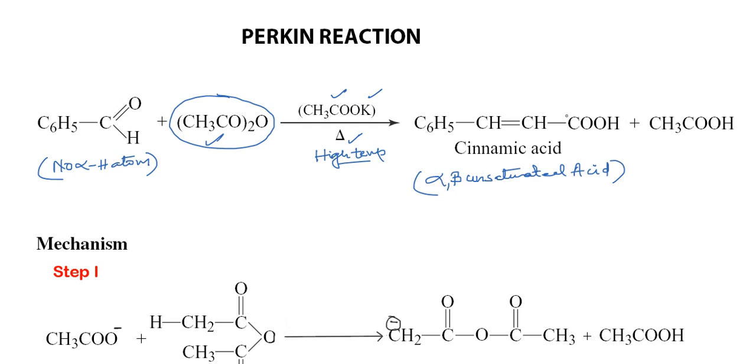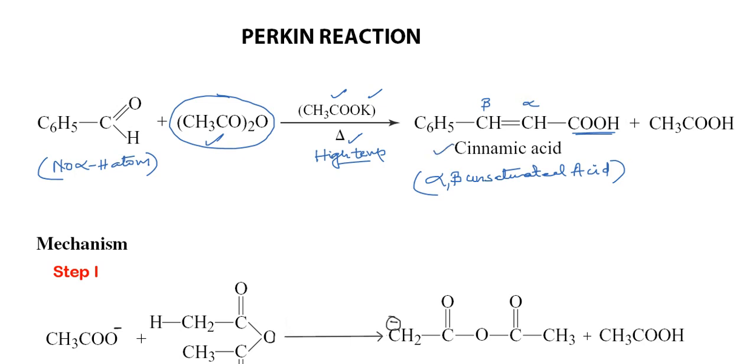So this is the alpha carbon, this is the beta carbon, and there is unsaturation between alpha and beta. This is an alpha beta unsaturated acid because the COOH group is present, and it is known as cinnamic acid. So by reacting benzaldehyde with the acid anhydride, we get this cinnamic acid.